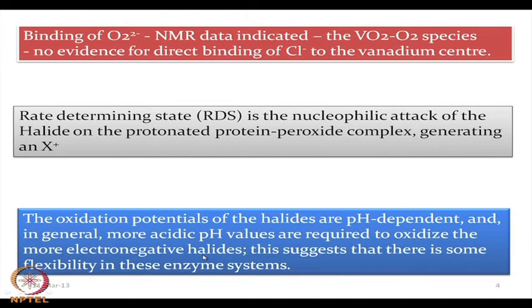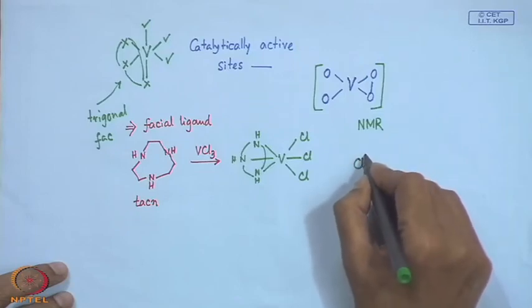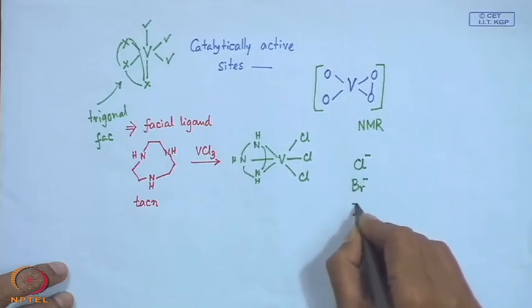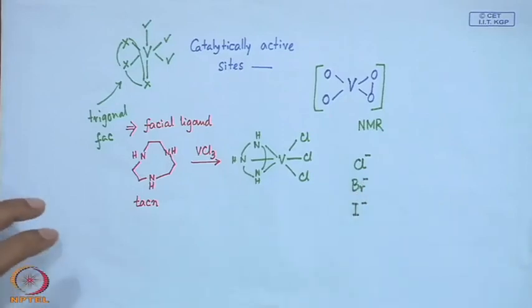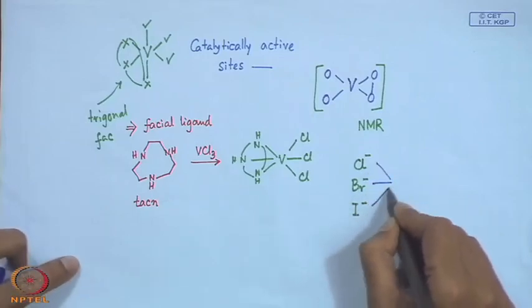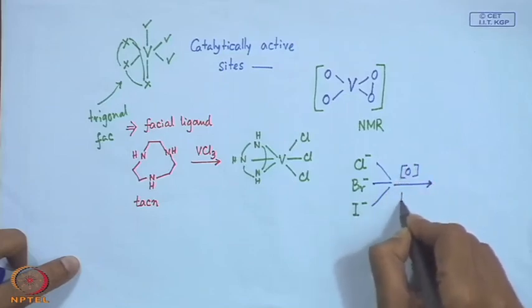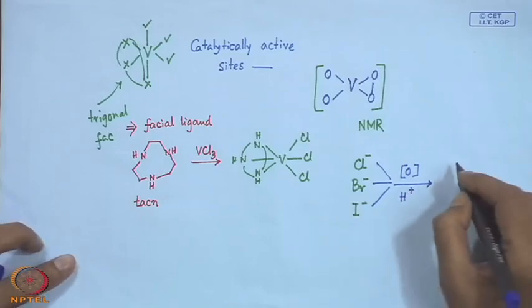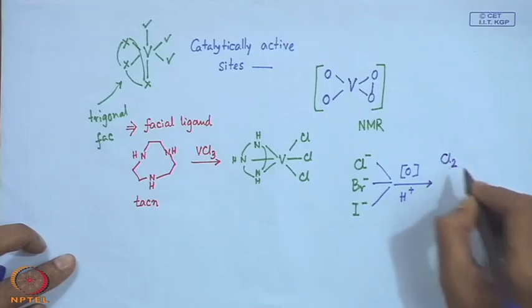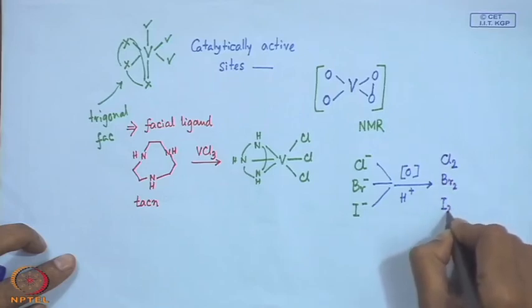halide. So, if we have the species Cl minus, Br minus and I minus, we try to oxidize all three in the presence of H plus. Initially we all know that if a suitable oxidizing agent is available, we get chlorine, bromine, iodine.